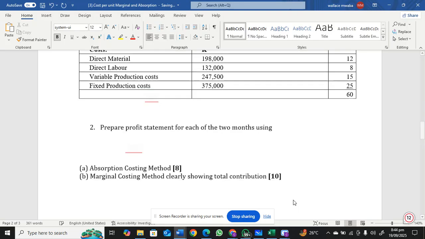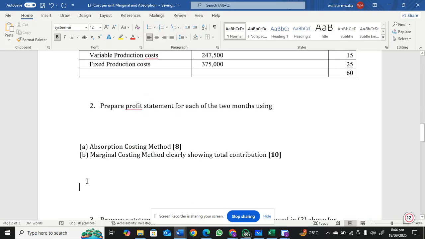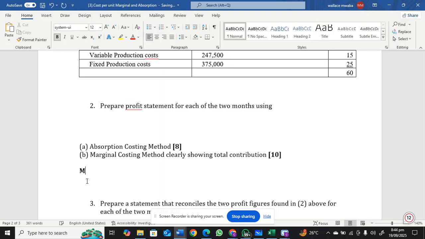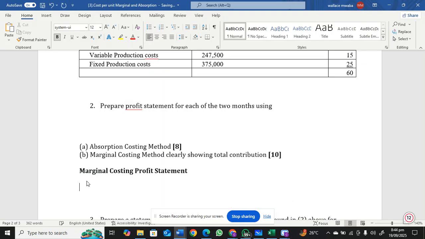Okay. So let's start with the marginal costing profit statement. All right.